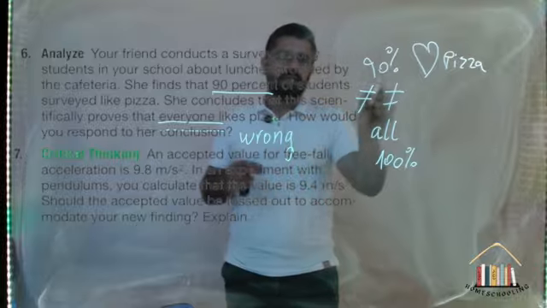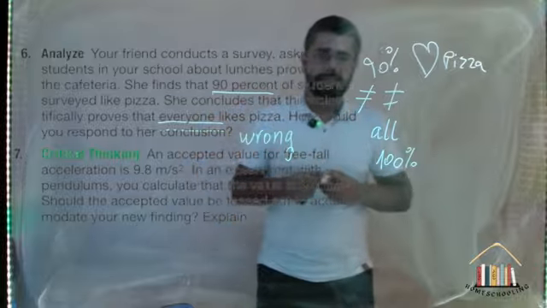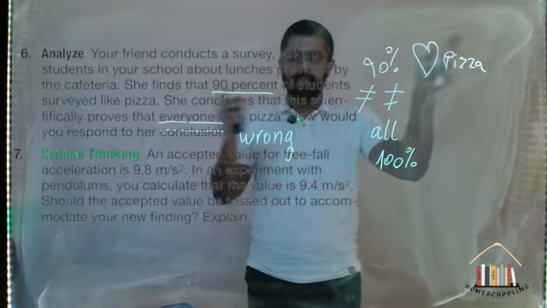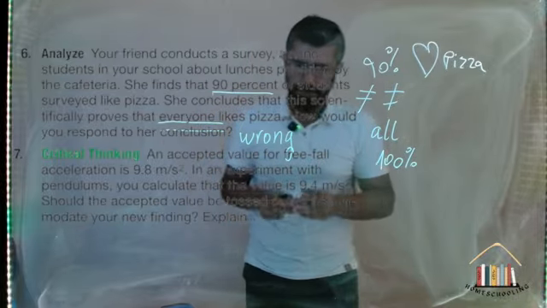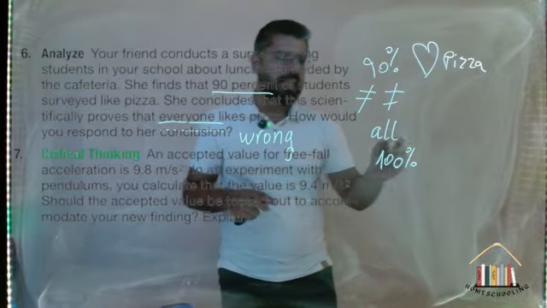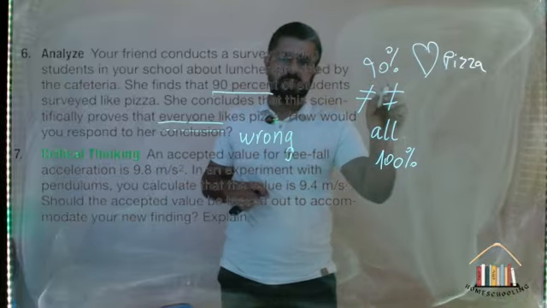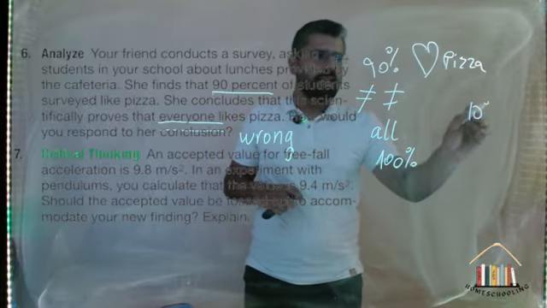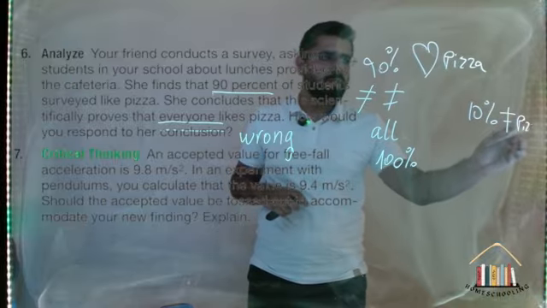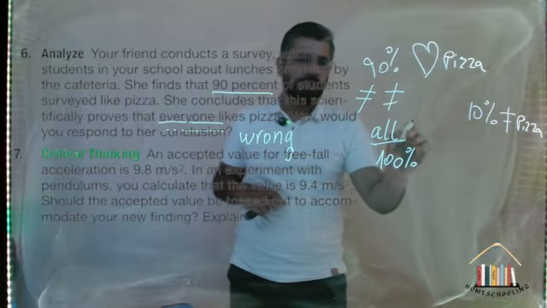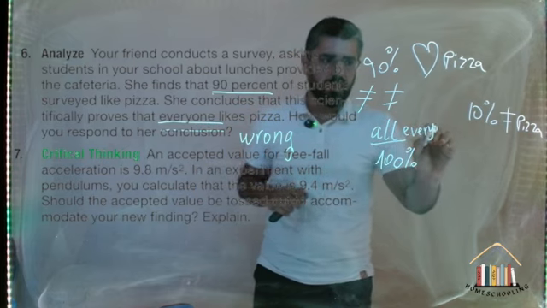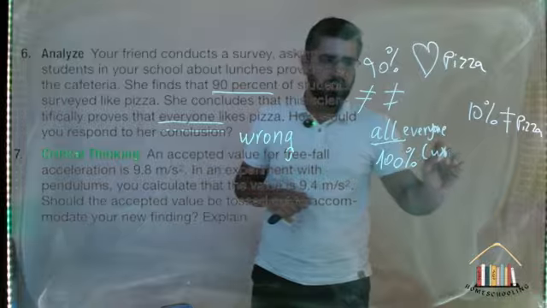She could say instead that the majority like pizza, or just state that 90% like pizza but not all. Because what about the remaining 10%? They don't like pizza. So that's why we cannot say all or everyone, which is wrong.